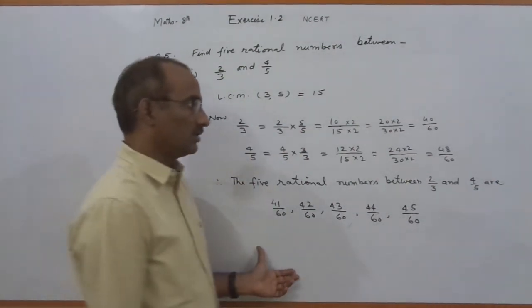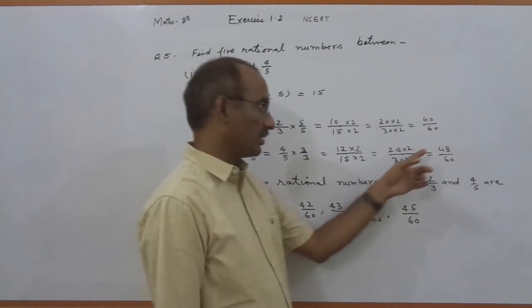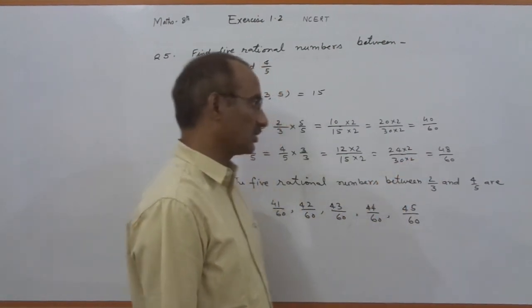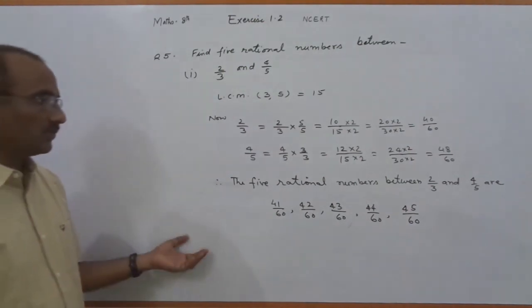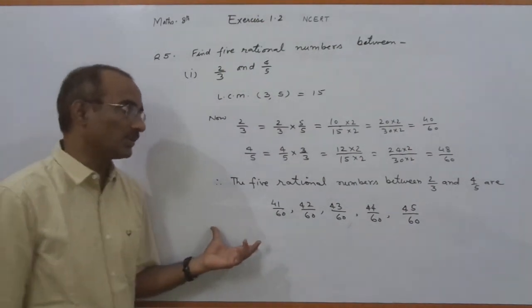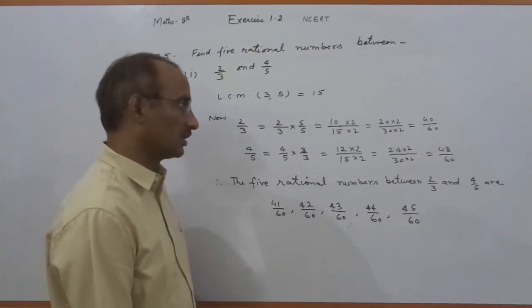You can also write some other rational numbers like 46 upon 60, 47 upon 60. So you can write any 5 rational numbers between 40 upon 60 and 48 upon 60.